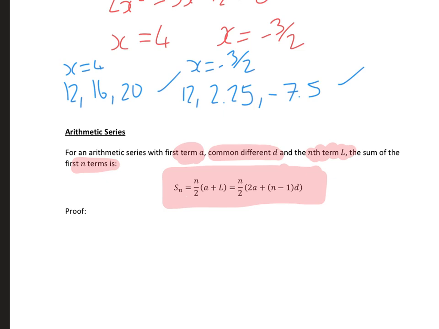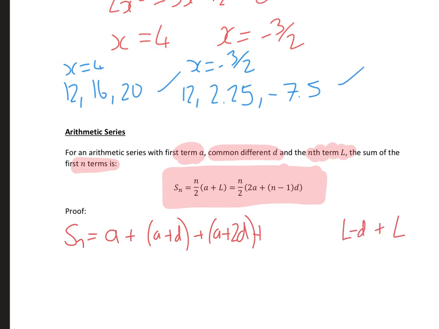And the proof goes: my sequence, the first term is A, the second term is A plus D, the next term will be A plus 2D, and I'm going all the way up to L. So the term before that will be L minus D, the term before that will be L minus 2D, and I'll have lots of terms in the middle.